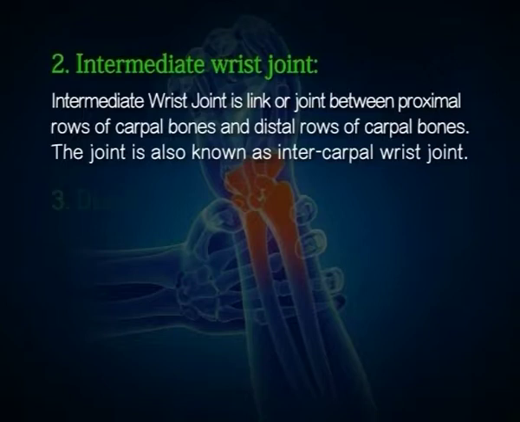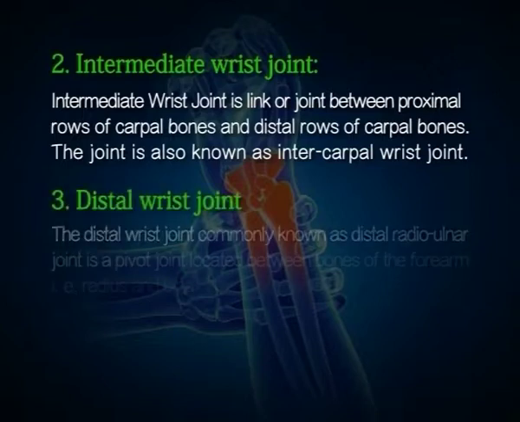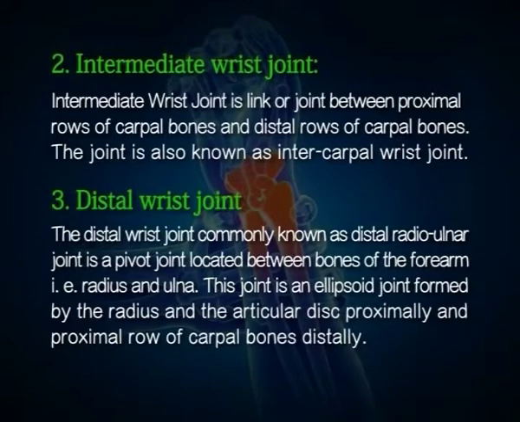Number 3, distal wrist joint. The distal wrist joint, commonly known as the distal radio-ulnar joint, is a pivot joint located between the bones of the forearm, that is radius and ulna. This joint is an ellipsoid joint formed by the radius and the articular disc proximally and the proximal row of carpal bones distally.